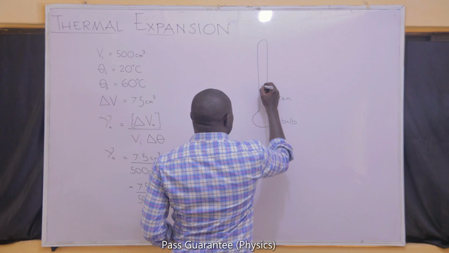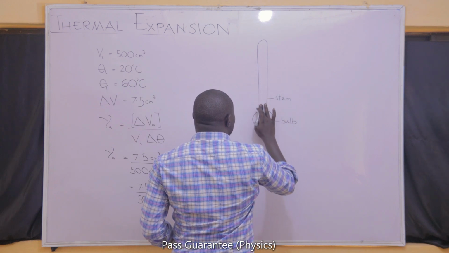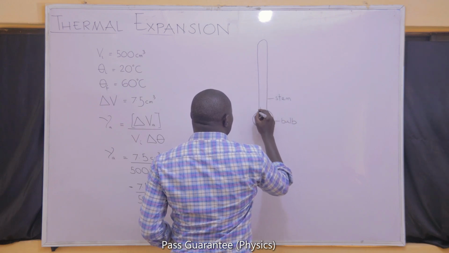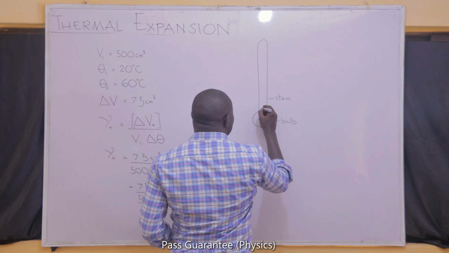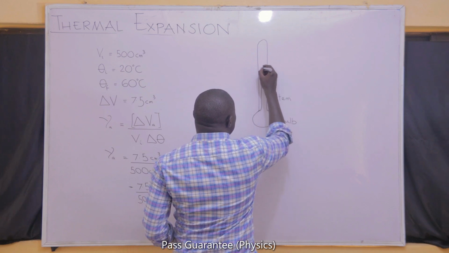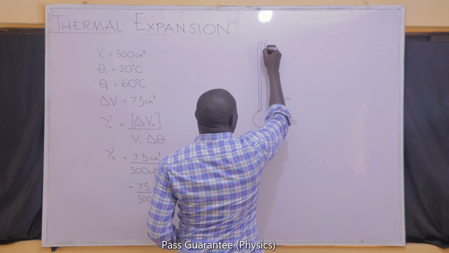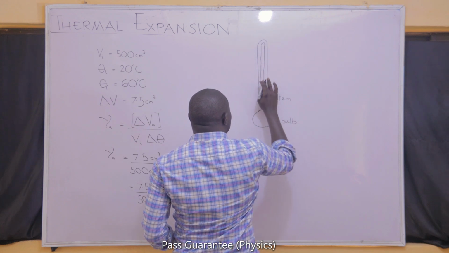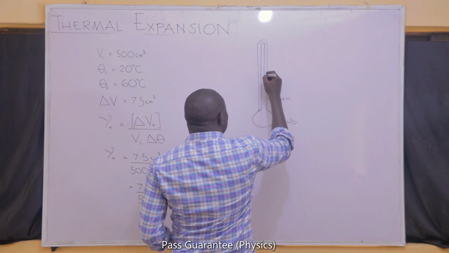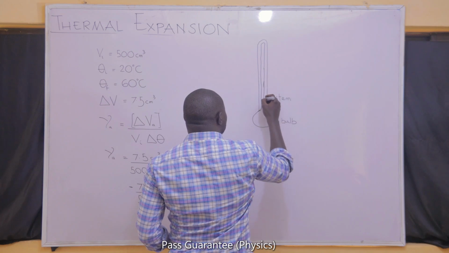The stem is actually the narrow pathway through which the mercury in it will expand for us to determine whatever temperature the thermometer is trying to give to us.